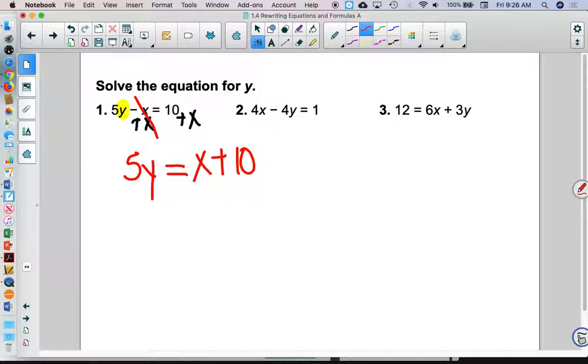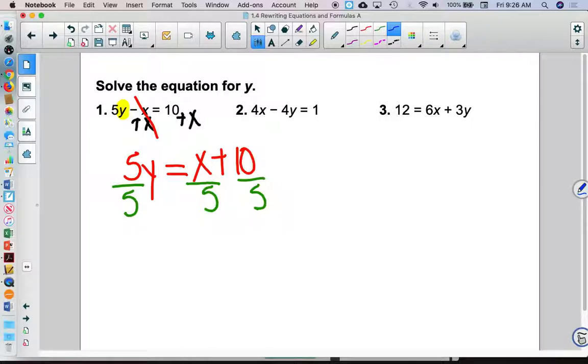Zoe? Divide everything up there by 5. I'm going to divide by 5, and by 5, and by 5. Everything gets divided by 5.